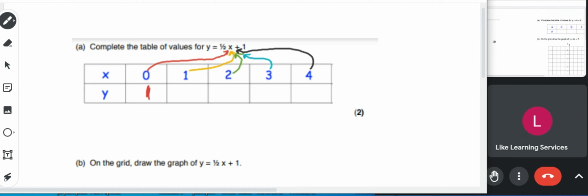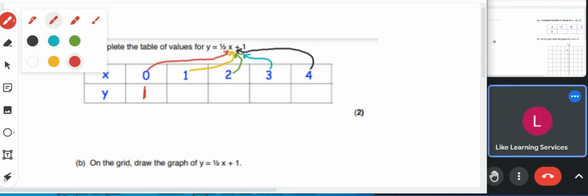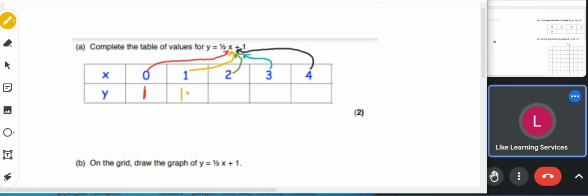Half times 1 is 0.5. Then plus 1 is 1.5. Okay, that's correct. So let's write it in yellow, 1.5.